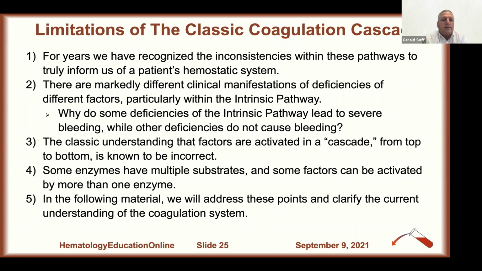So how can all these enzymes in one pathway have different manifestations? We've also understood now that the concept of each factor being in a cascade, activated by the enzyme above and activating the enzyme below, is also incorrect. And we'll talk about that. We now know that some enzymes have multiple substrates and some factors have multiple means of becoming activated. I think this is key to understanding the coagulation system as a hematology expert, not as a medical student.